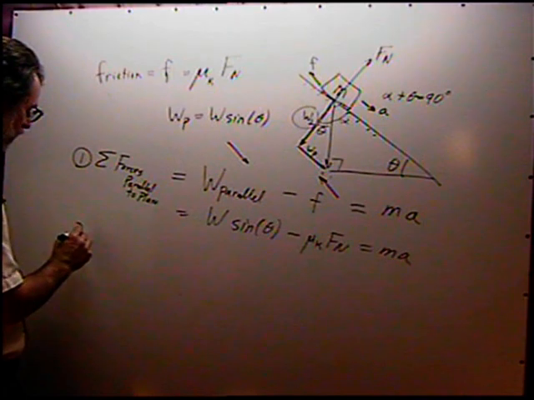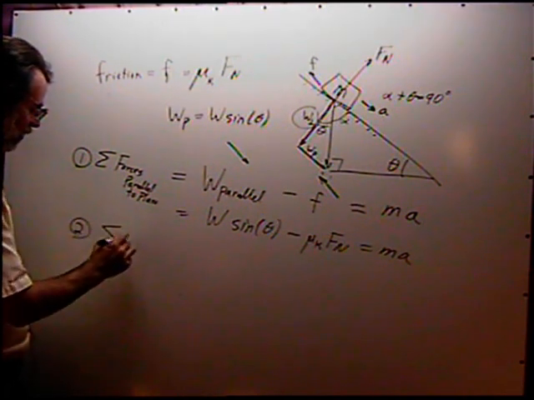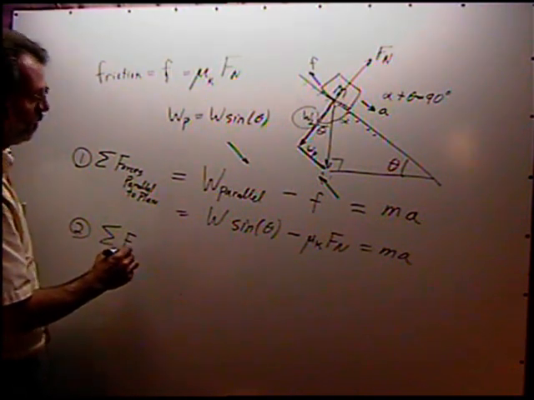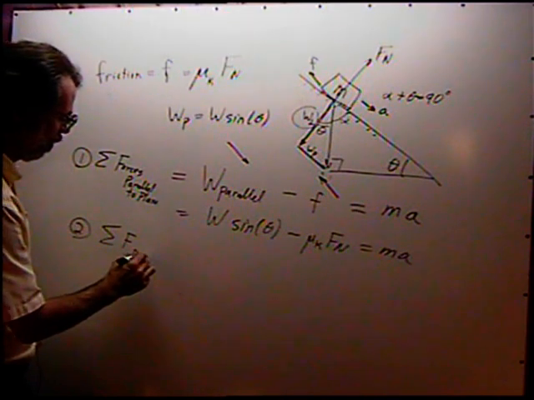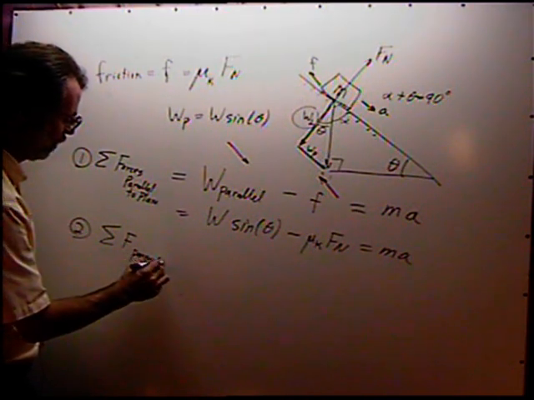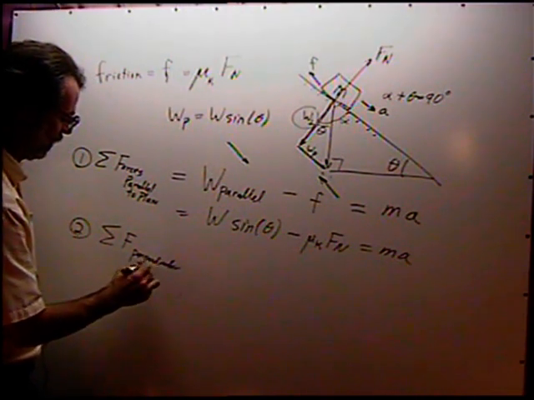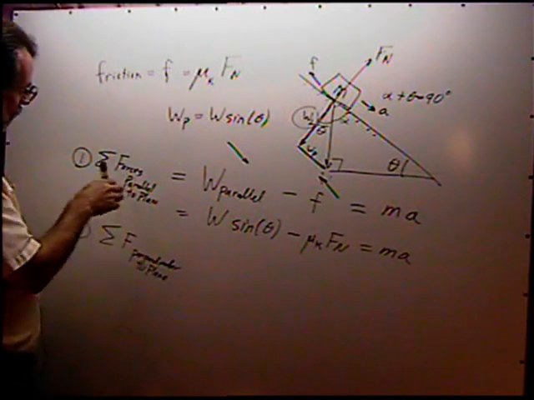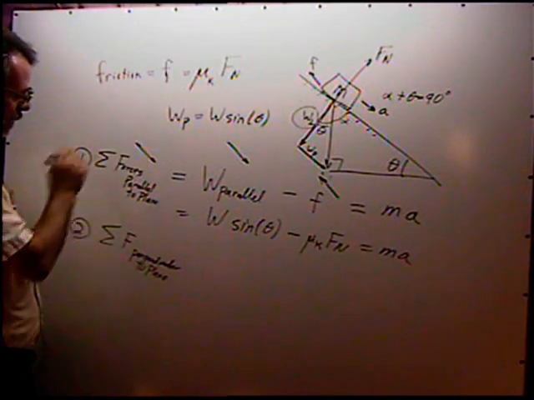We know what the normal force is by looking at the second equation, the sum of the forces that are perpendicular to the plane. The first equation was the sum of the forces that are parallel to the plane.